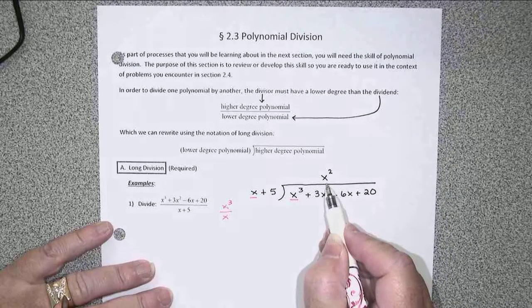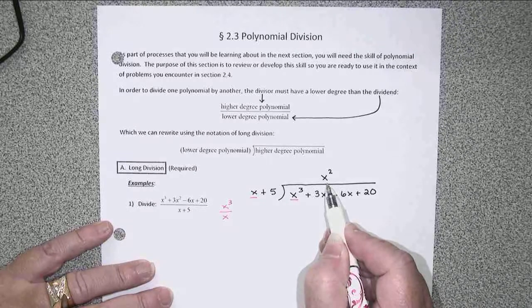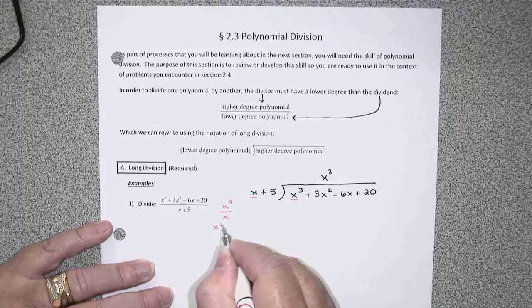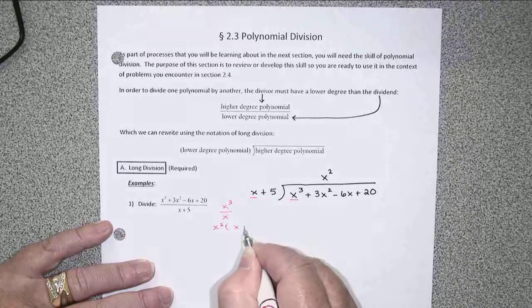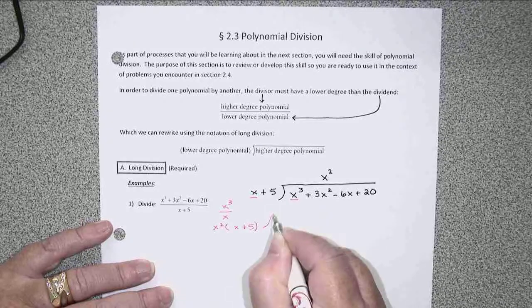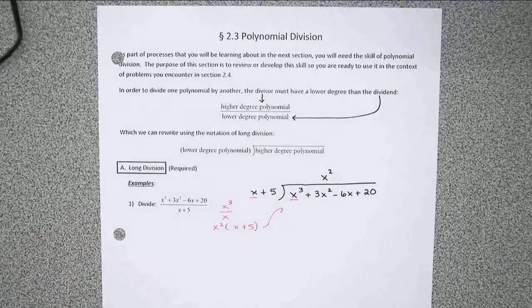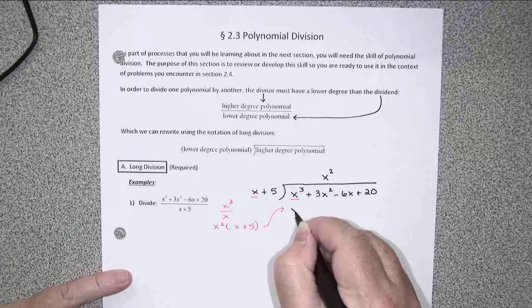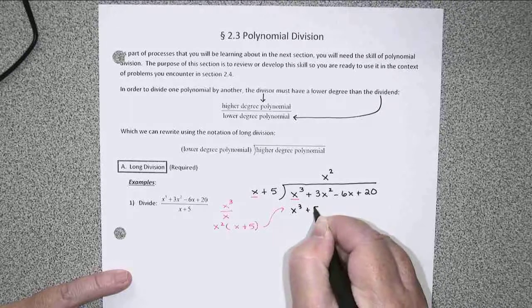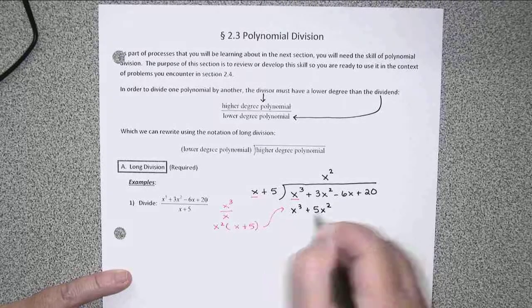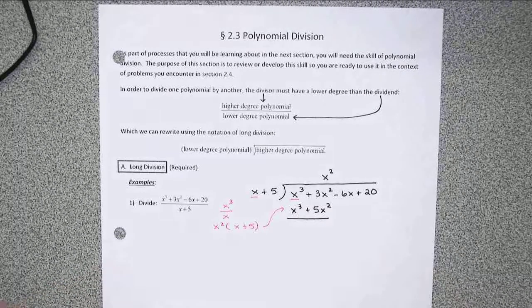Next, I'm going to multiply. I'm going to take that x squared and multiply it by the x plus 5. I'm going to put it right there. X to the third plus 5x squared. Finally, I'm going to subtract.